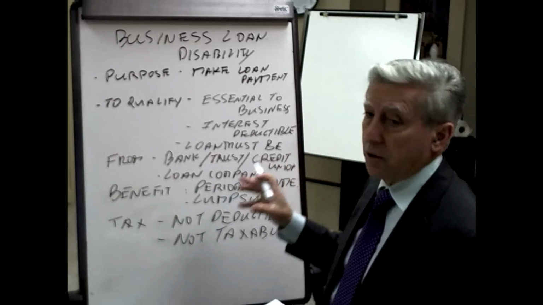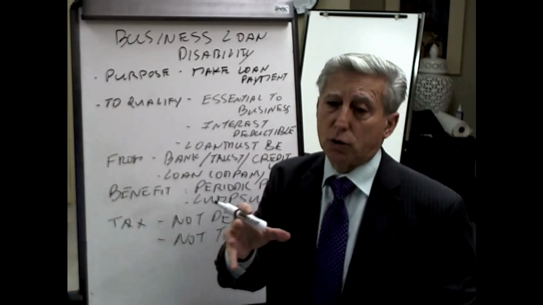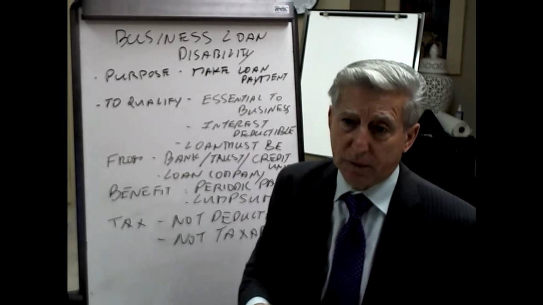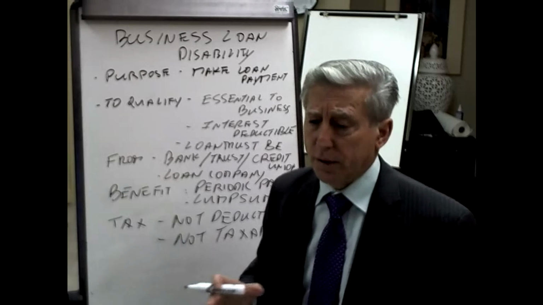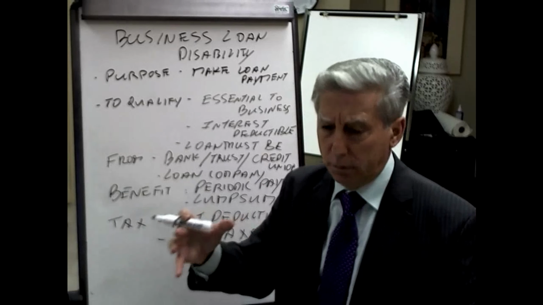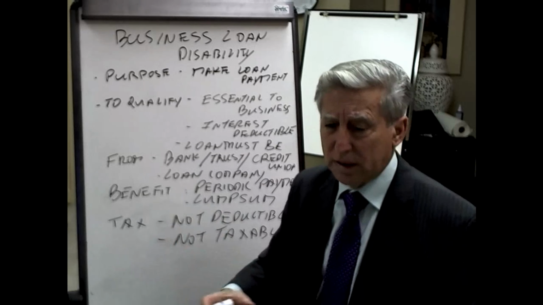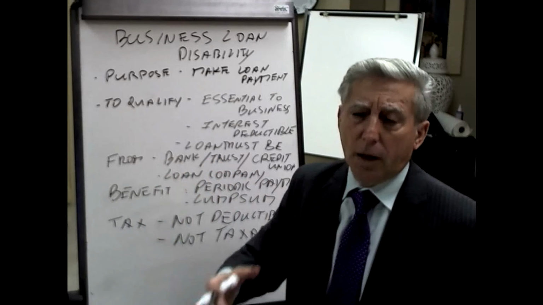In other words, this is not a situation where you can go to a friend, for example, and borrow money from them, and buy a business loan type policy. No, it has to be from an organization or institution that is in the business of making loans.